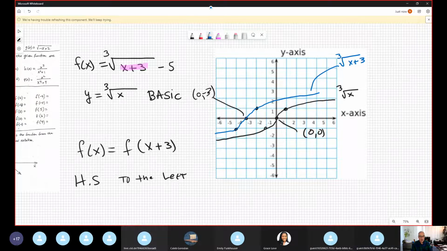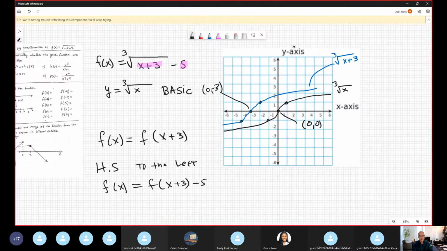Yes. Okay. Now minus 5. What does minus 5 mean? When you have f of x plus 3, I did that part, minus 5. What kind of transformation is it? It's a vertical shift, not a reflection. When you add or subtract a number outside, it is a vertical shift.